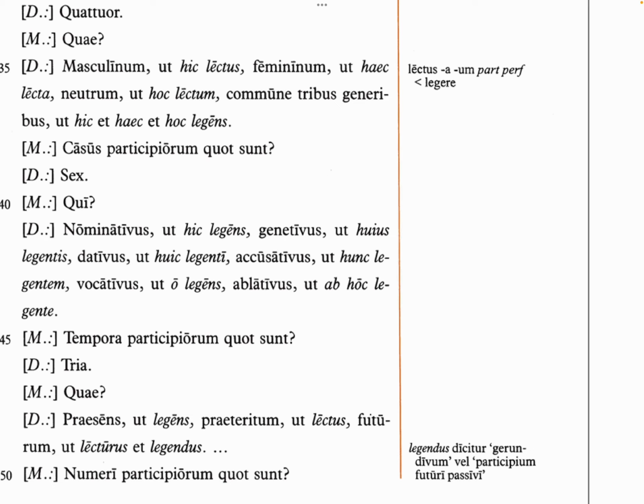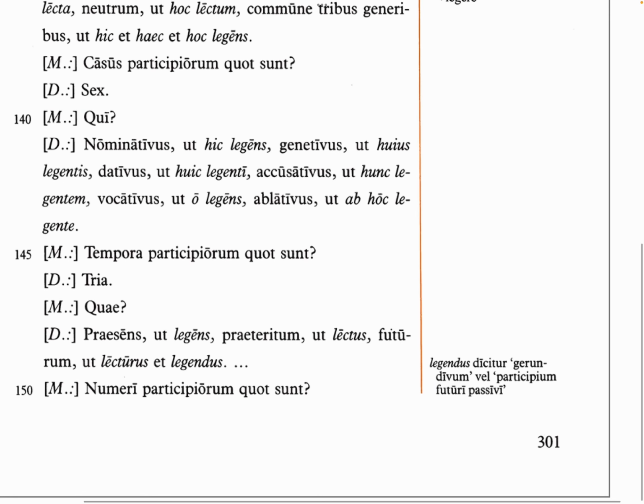Accusativus, accusative, ut hunc legentem, as this guy reading in, of course, the direct object accusative case. Vocativus, vocative, ut o legens, o reading person. Ablativus, ut ab hoc legente, as by this reading person, okay, or from this reading person, we could say.